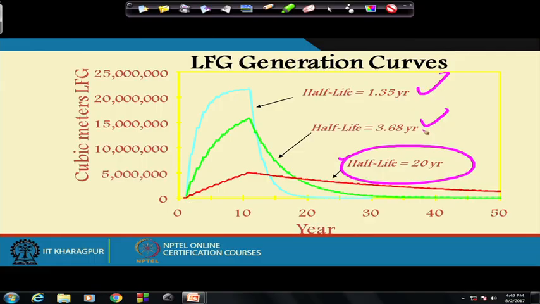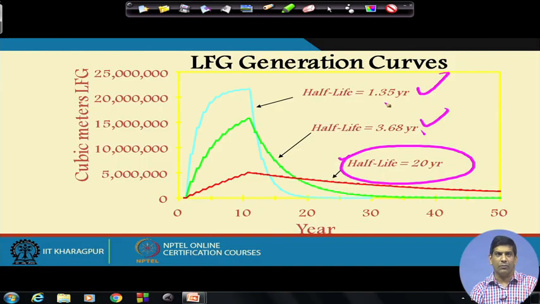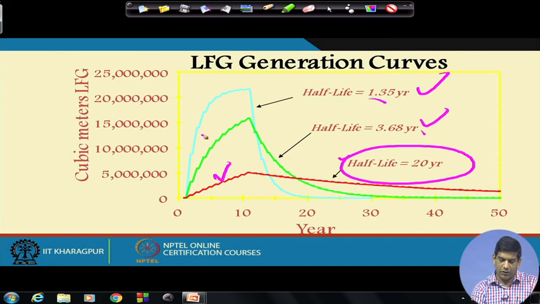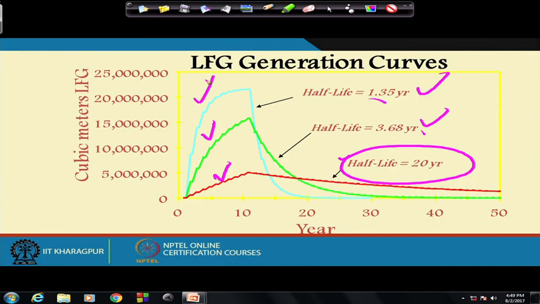If we can somehow change that degradation, if we can make the waste degrade faster by using it as a bioreactor landfill, reducing the half-life to 3.68 years or 1.35 years, we see that the gas production happens over a smaller period of time. For all these three sketches, the area under the curve gives you the total gas being produced, and it should be the same.